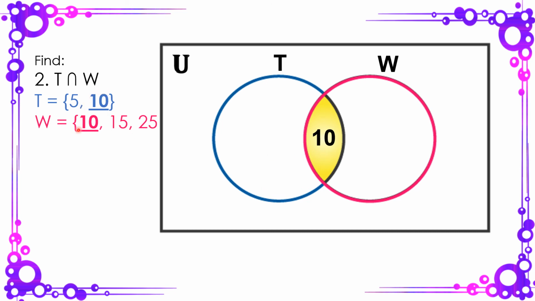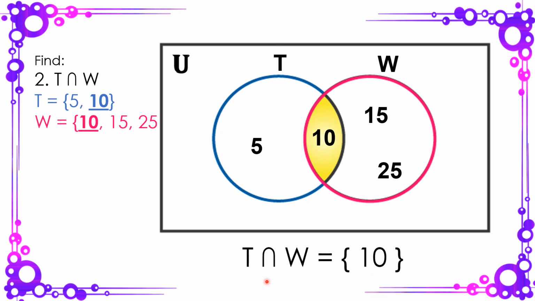So you can see here, we have the same possible outcome for T and W. Okay, and then for T, we have here 5. Then for W, possible outcomes, 10 of course, and then 15. Next is 25. So this is the Venn diagram for T intersection W. You got it correct? Awesome! So the answer, T intersection W is equal to {10}.